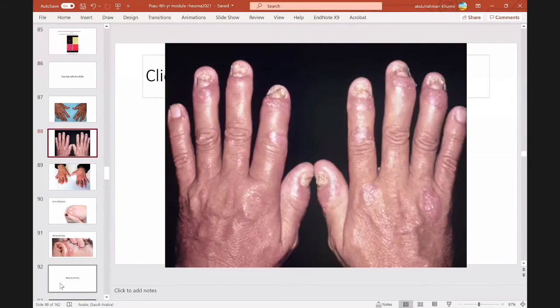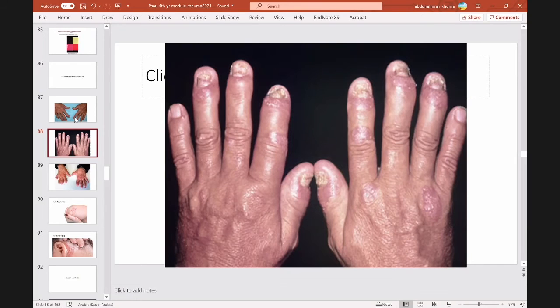What do you see here? Thickened, swelling. The joint is inflamed, swollen. This is what we call dactylitis. Sausage-like joint, the whole joint, proximal and distal, and the whole subcutaneous tissue is inflamed.